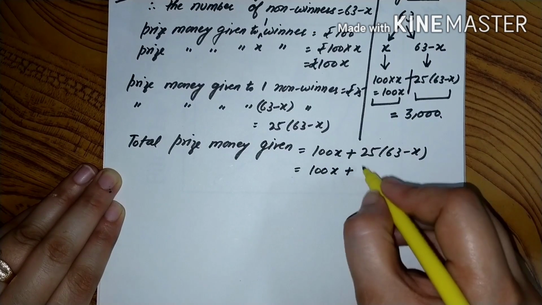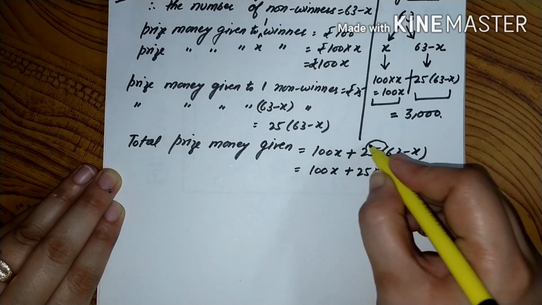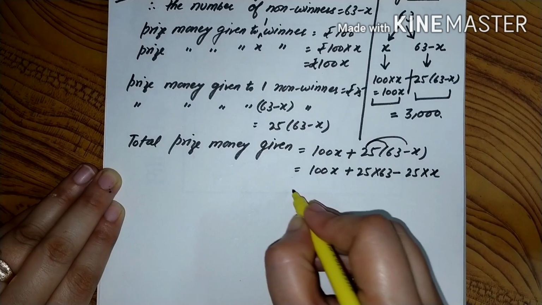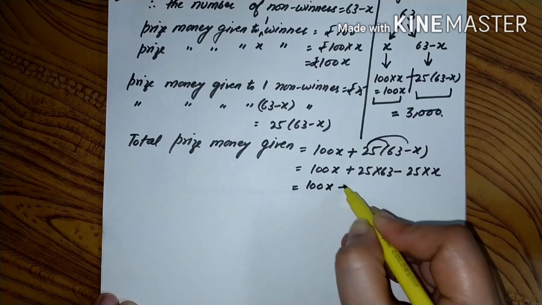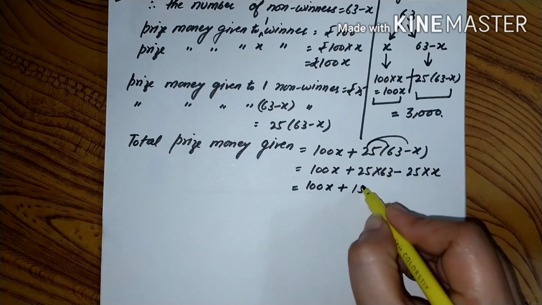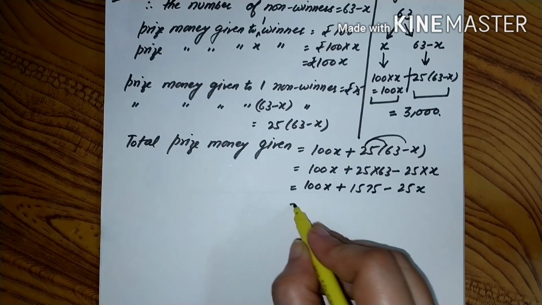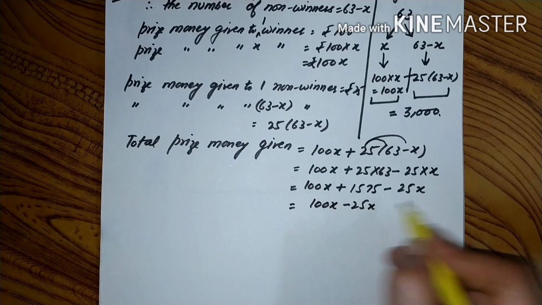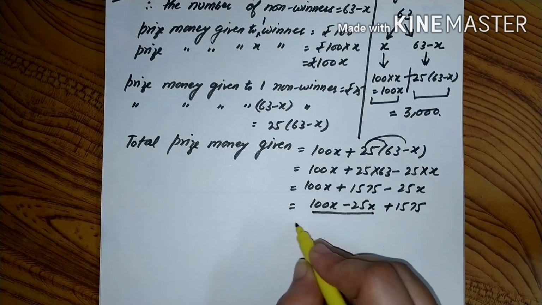100x plus, when we open it, 25 into 63 minus 25 into x. So it is equal to 100x plus, we multiply 25 by 63, we get 1575, minus 25x. So it is 100x minus 25x plus 1575, combining like terms.